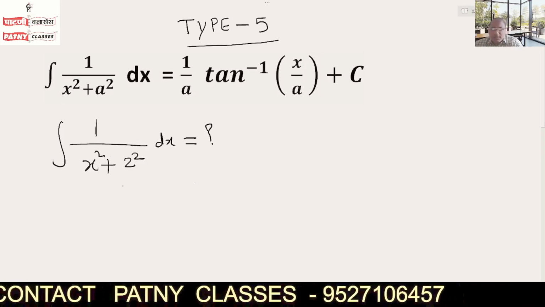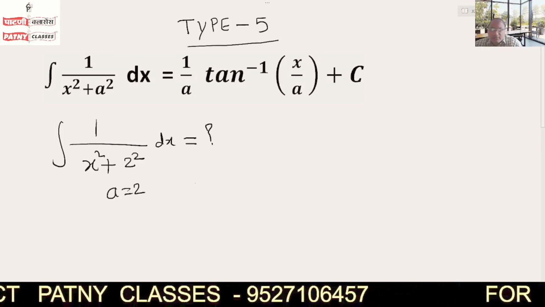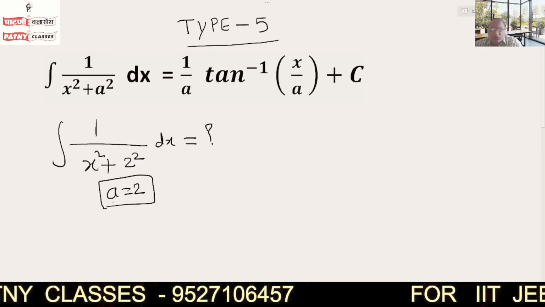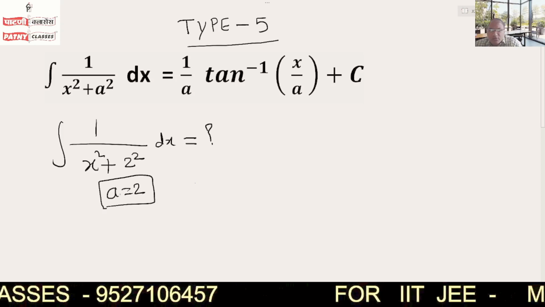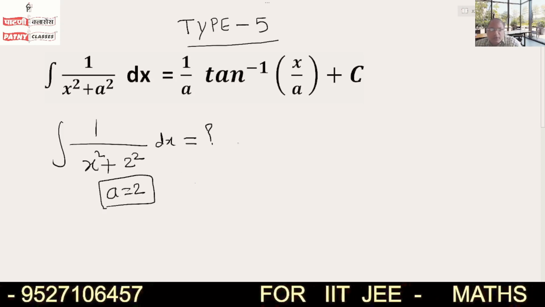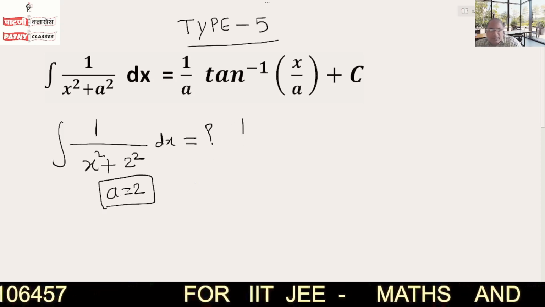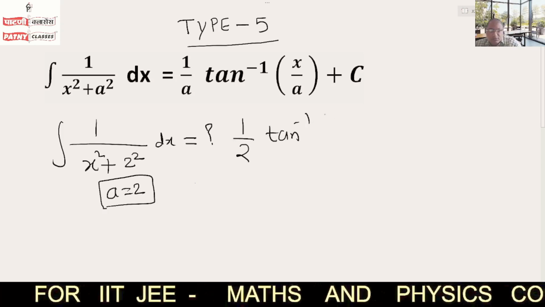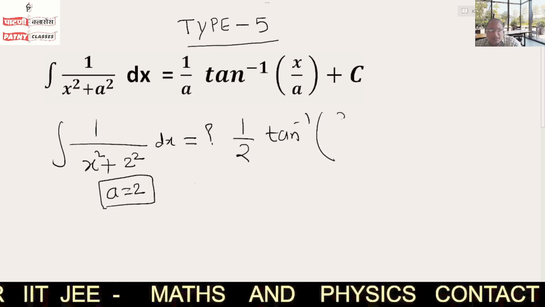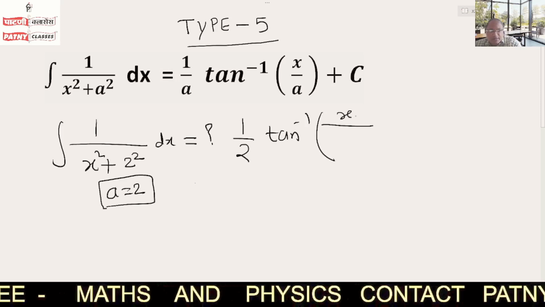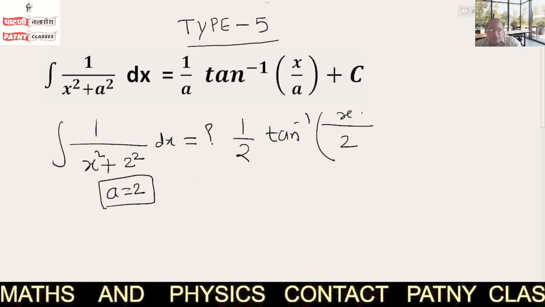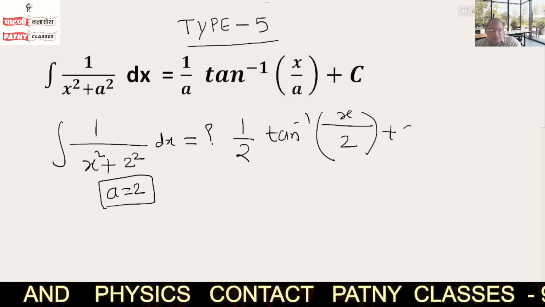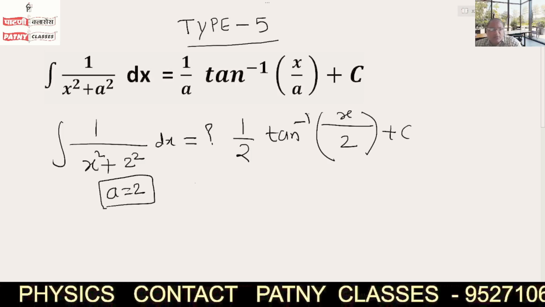So before finding the answer, let us decide what a is. a equals 2. Now the formula is 1 upon a, that is 1 upon 2, tan inverse of x. In place of x, x only, but in place of a, 2. So it is tan inverse of x upon 2 plus c.